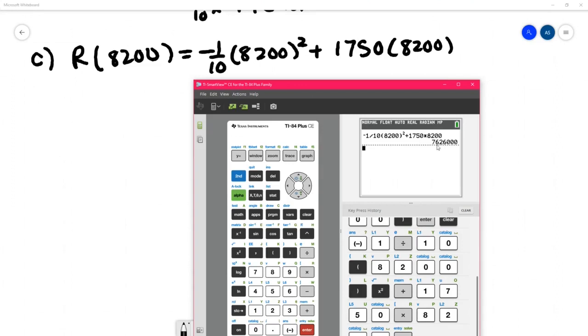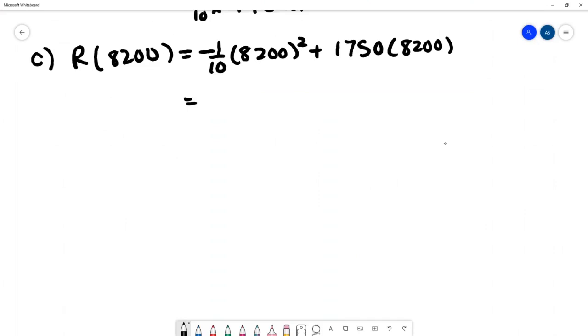So this gives us a revenue of 7,626,000. So that is our revenue when 8,200 units are sold.